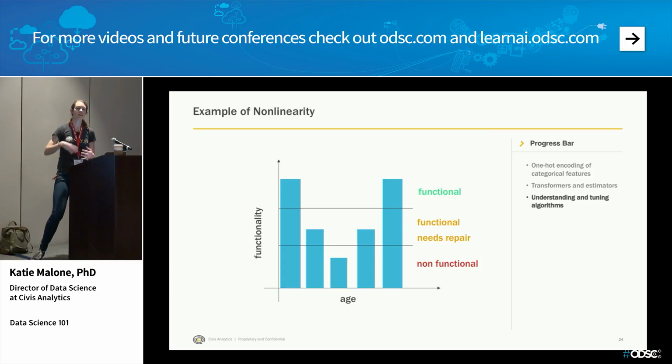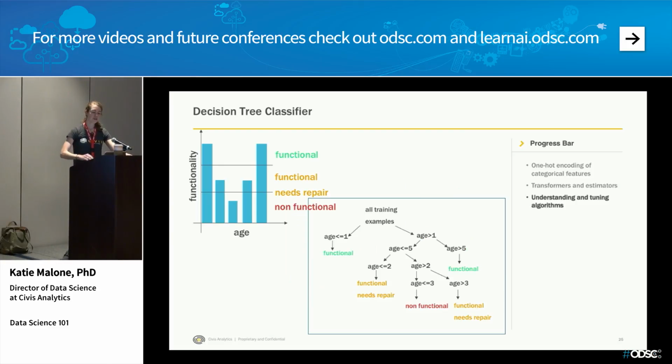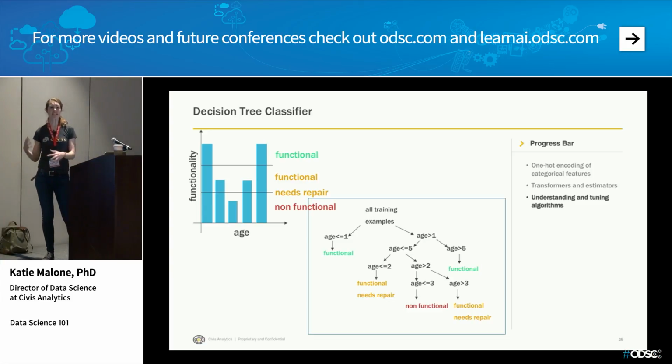And then let's suppose that there's scheduled maintenance, so the well declines, and then you replace some of the parts, and the functionality starts to go back up. And then you replace more of the parts, so the functionality climbs back up to a high rate. So there's this very particular nonlinear relationship between the functionality of the well and the age. This is an example of something that's nonlinear.